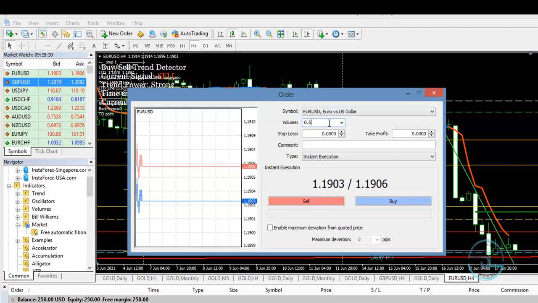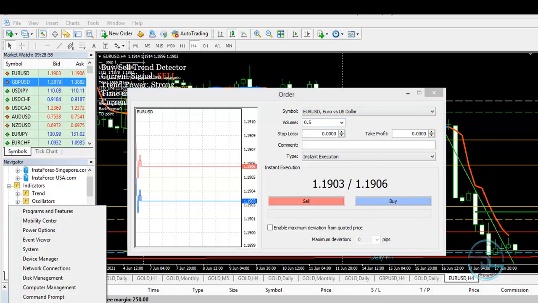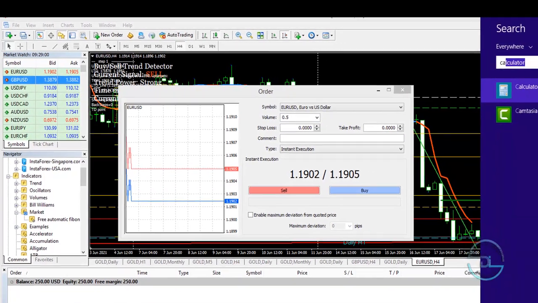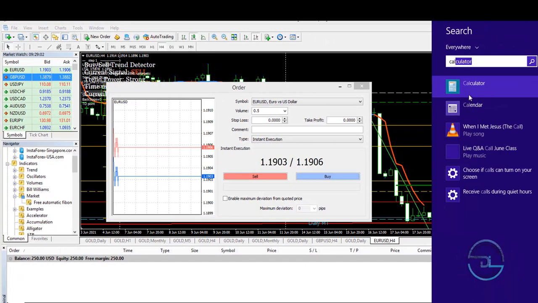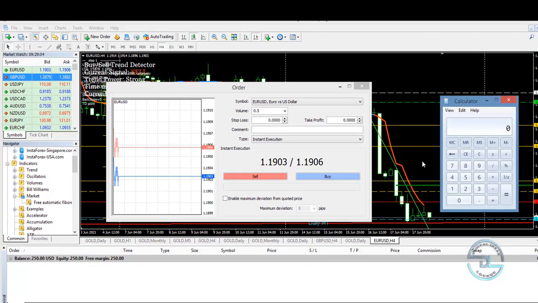0.5 would be 5,000 units. So I pull out my calculator and do 5,000 units multiplied by the current price, if you want to buy, for instance, 1.1906.